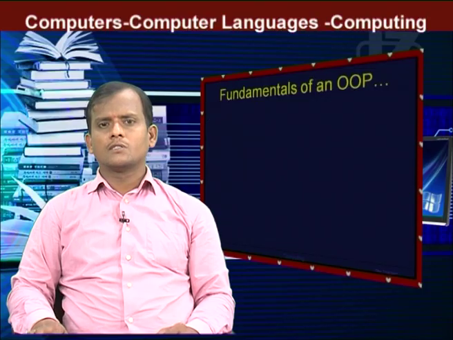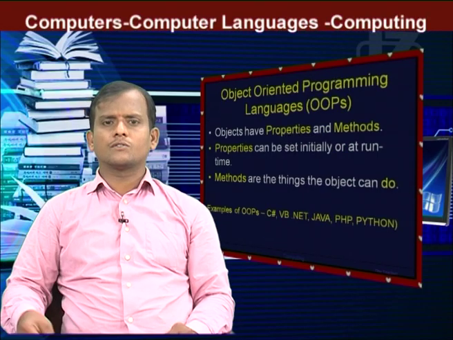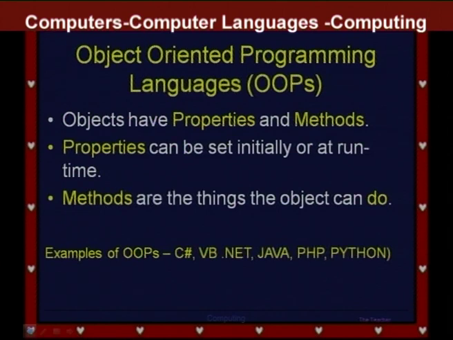So I said properties and methods. Methods are the things an object can do. Say I consider banking: if someone wants to code a banking application, what methods would be in it?